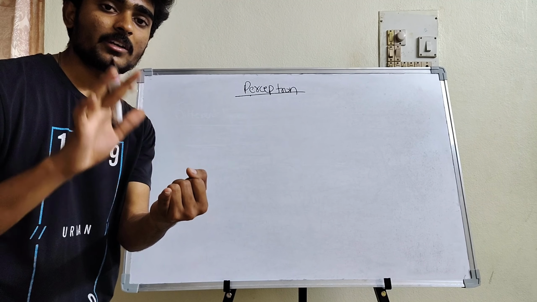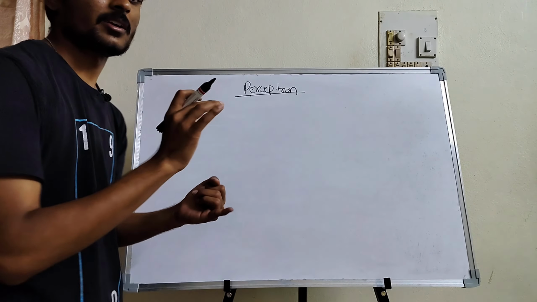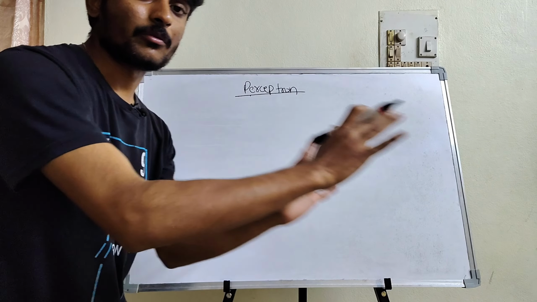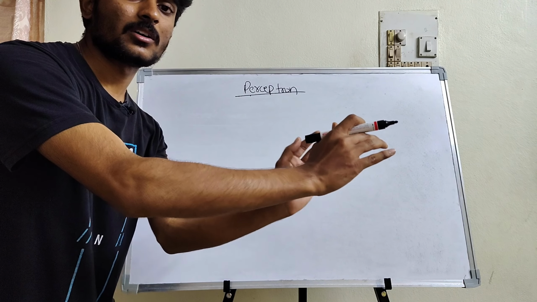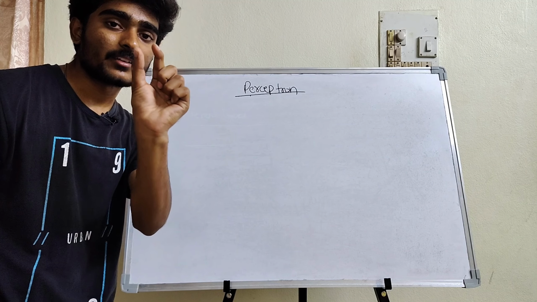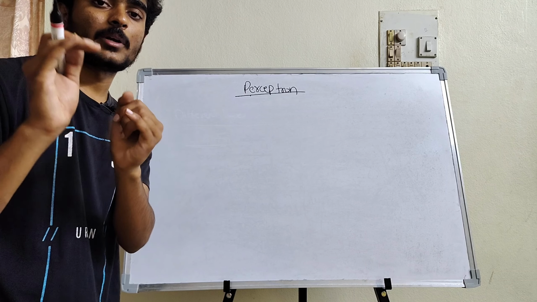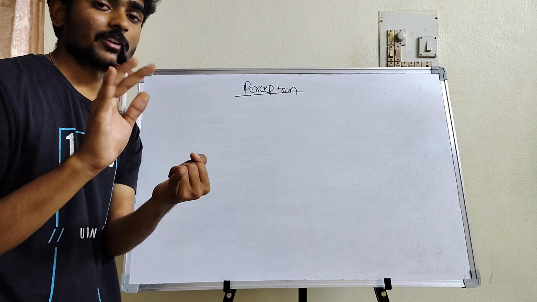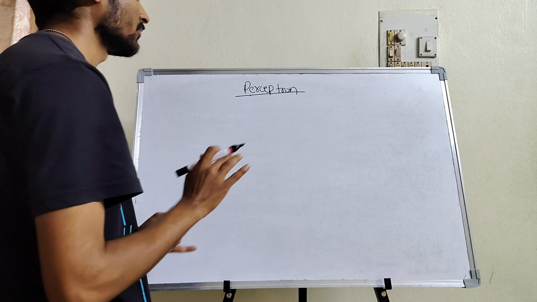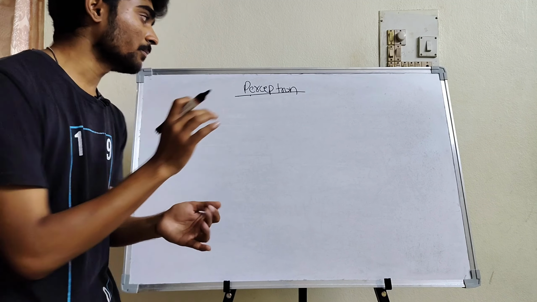A perceptron is a fundamental block of a neural network. In a very deep neural network where you have millions of perceptrons or millions of connections, the basic perceptron is called the fundamental unit of a neural network.